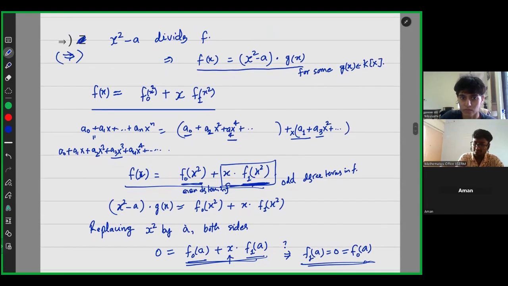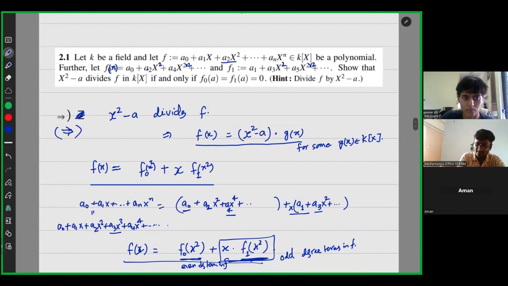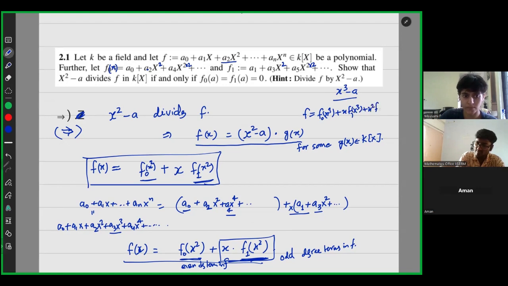Actually, in our setting, f1 and f0 are such that they are in 2 degree terms. If you follow this relation, we just need it for 2. If it was x cube minus a, and f was some random polynomial, then f can be written as f0 of x cube plus x into f1 of x cube plus x square into f2 of x cube.